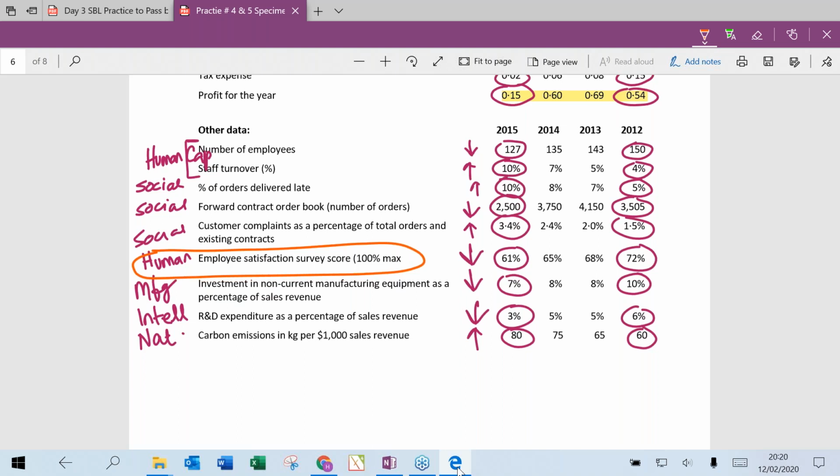This shows that our intellectual capital is depleting, and our natural capital is also depleting. Do you understand how you analyze the financial and non-financial information under 6 capitals, and what is the way you draft, and more importantly, is it depleting or not?